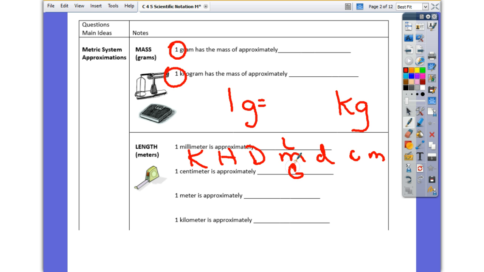If I want to go to kilograms, how many hops is that? Boing, boing, boing. 3 hops to the left. Here's your decimal. Boing, boing, boing. So 1 gram equals 0.001 kilogram. This minute little part of it, right?